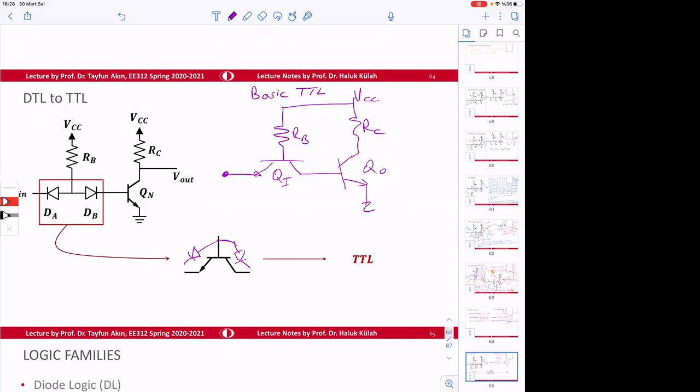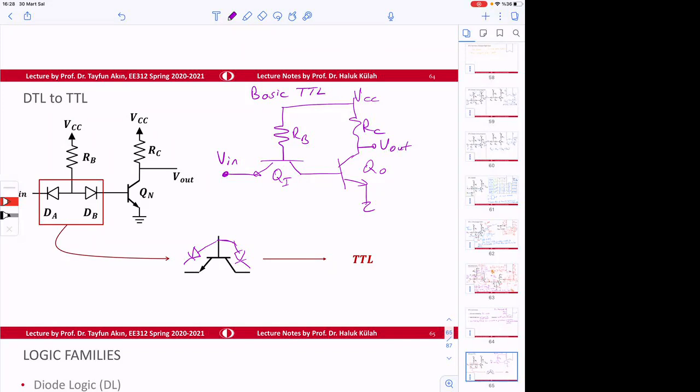But first, we need to start by understanding why this is going to be acting like an inverter. In order to understand this, we will look at the extreme cases first, and then we will be obtaining the voltage transfer function.